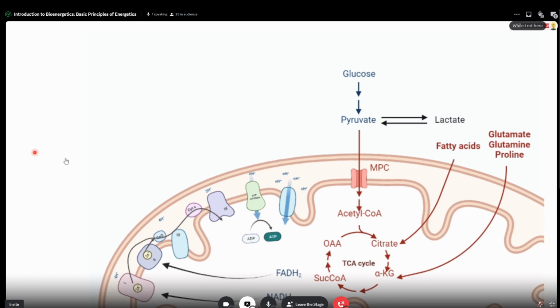And then in this entire process, what's happening is that most of these complexes, so I'll just zoom into the electron transport chain, complex 1, complex 3, and complex 4, are involved in shuttling protons across the membrane. So I talked about proton pumps, right?